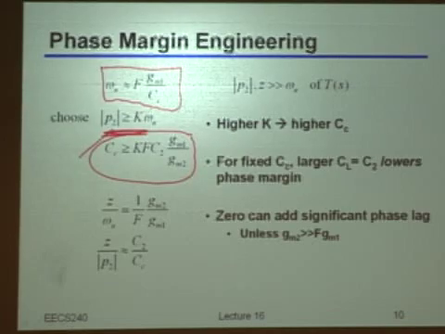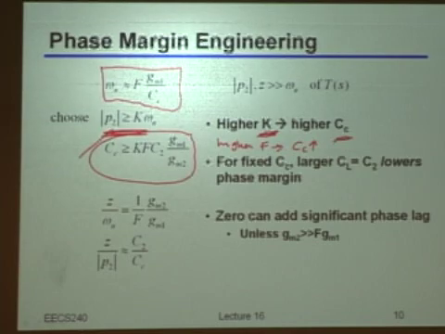What it tells you is that the higher K you choose, the higher phase margin you are going for, then the higher the CC that you need, and most probably the higher power that you might spend. But not only this: if you have a higher F, like your feedback, a higher gain in the feedback network, that also calls for a higher CC.